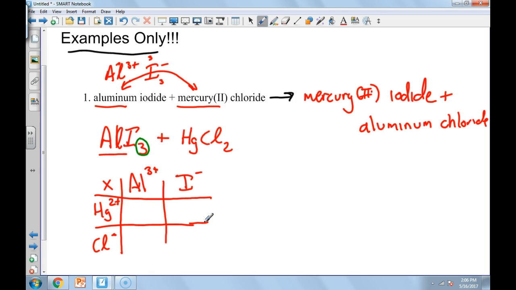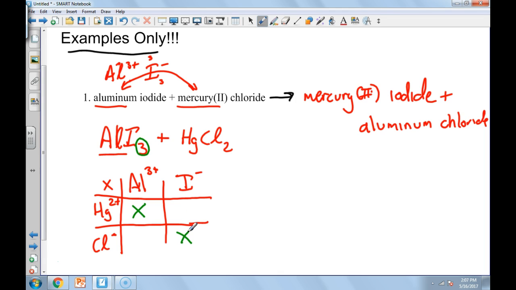Now in order to predict the products, we're going to take this and combine these however we can. Remember, chemically speaking, positive charges aren't going to attract each other. So aluminum and mercury are not going to react with each other, and the same is true with the negative charges.